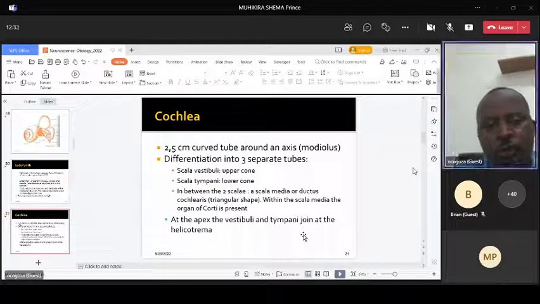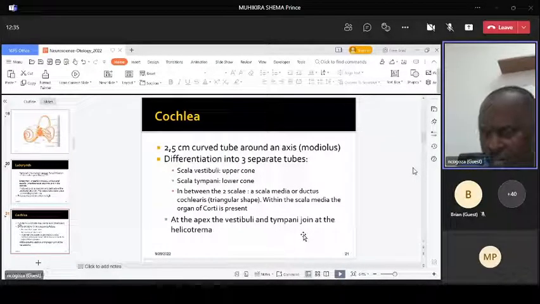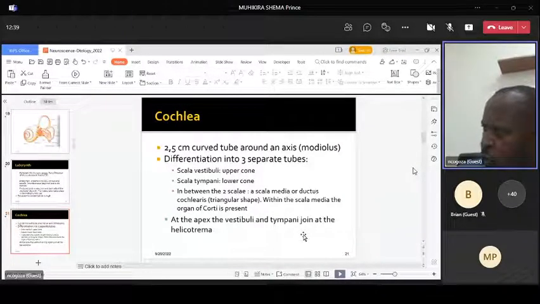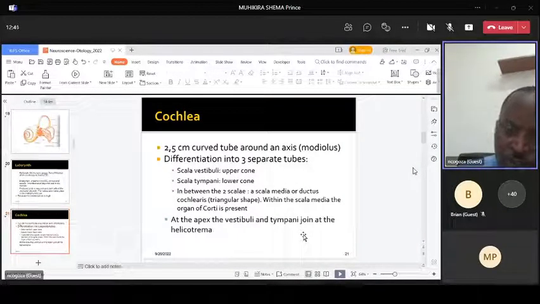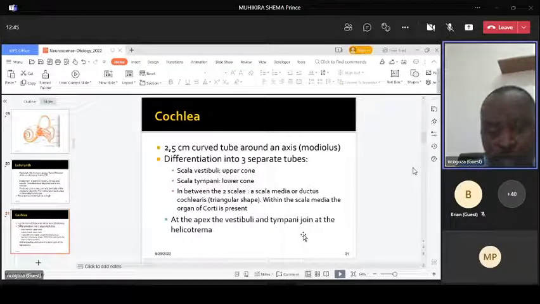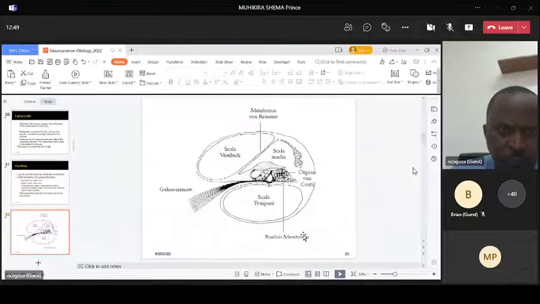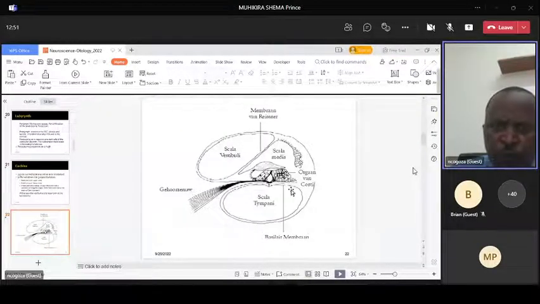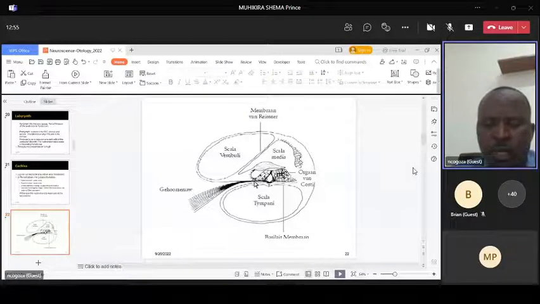The organ of Corti translates the mechanical energy into the electrical impulse, and the electrical impulse is transmitted to the brain for hearing. You see, if we cut one chamber, it will cut through the cochlea. We'll find 3 chambers.